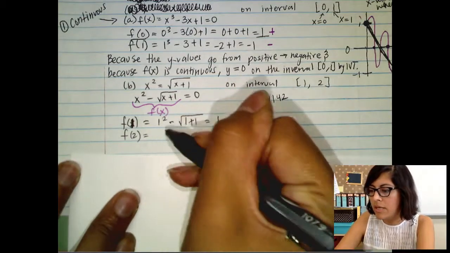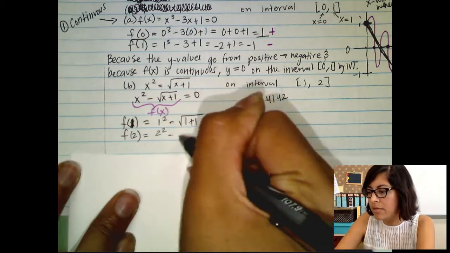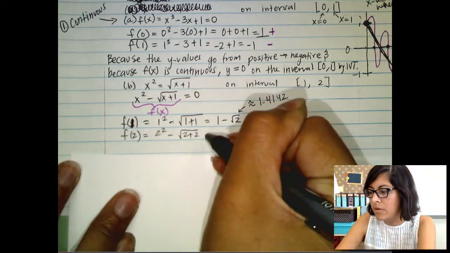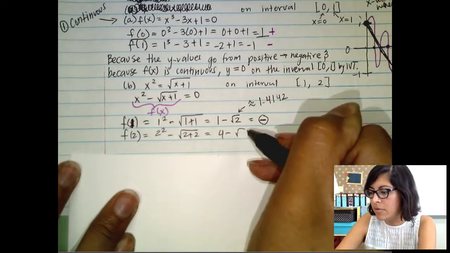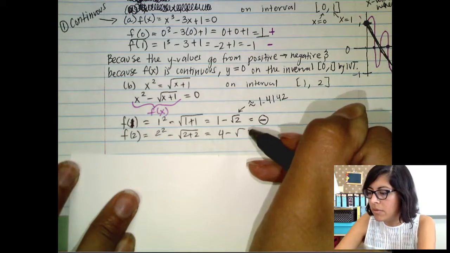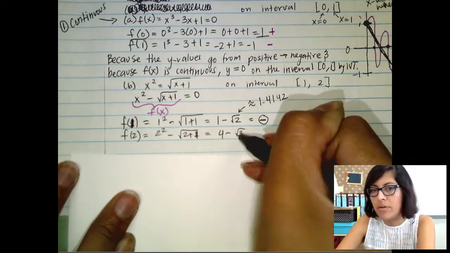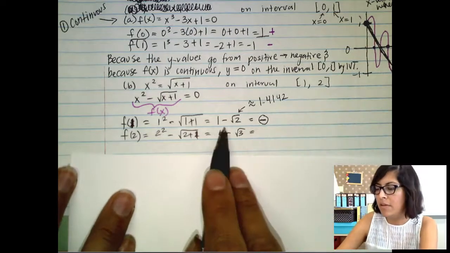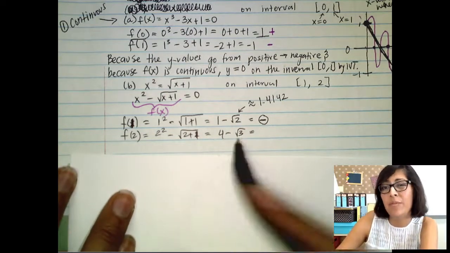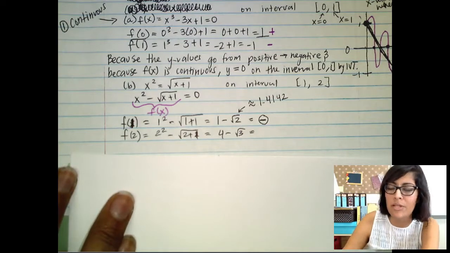So at 2, 2 squared minus the square root of 2 plus 1, the square root of 3, is equal to 4 minus the square root of 3. This is like 1 point something as well. It's between 1 and 2.